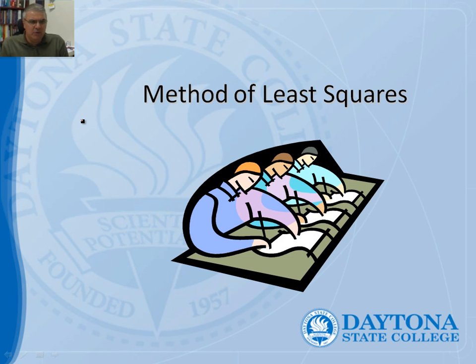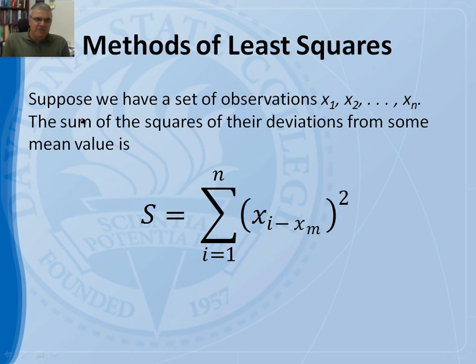So let's talk a little bit about methods of least squares. Suppose that we have a set of observations. Remember, this is related to analysis of experimental data. As such, we would collect the data from the instrument and we would look at the data and try to do a certain calculation on the data to come up with some meaningful results which we can actually interpret.